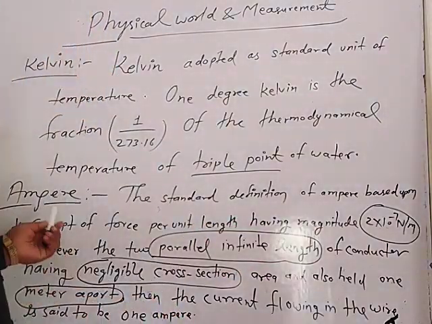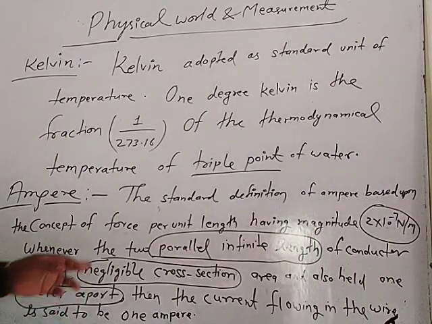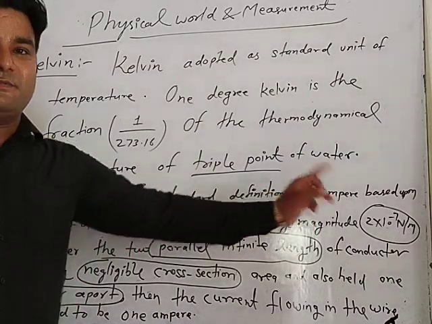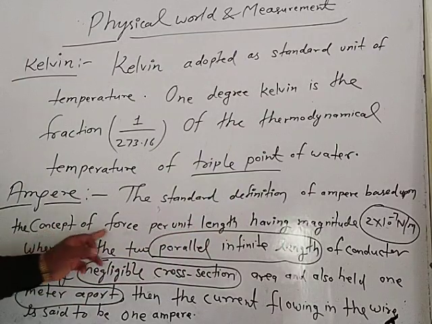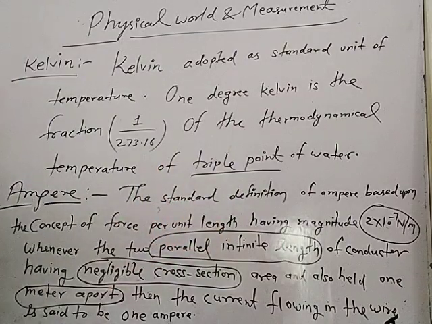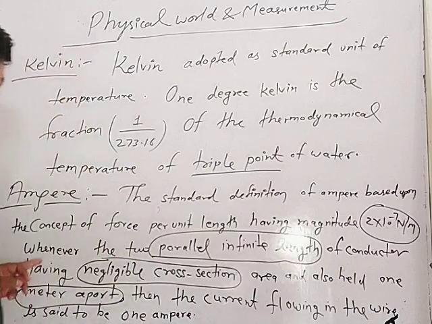And then after this, the concept of ampere. The standard definition of ampere is based upon the concept of force per unit length, having magnitude what? 2 into 10 power minus 7 Newton per meter.